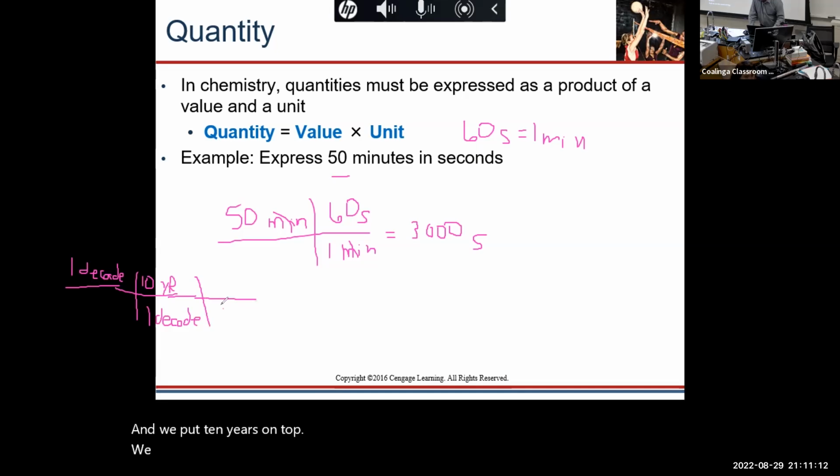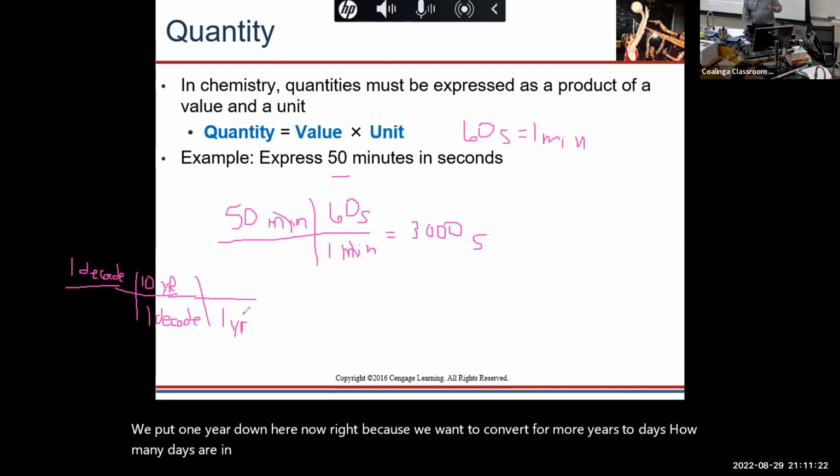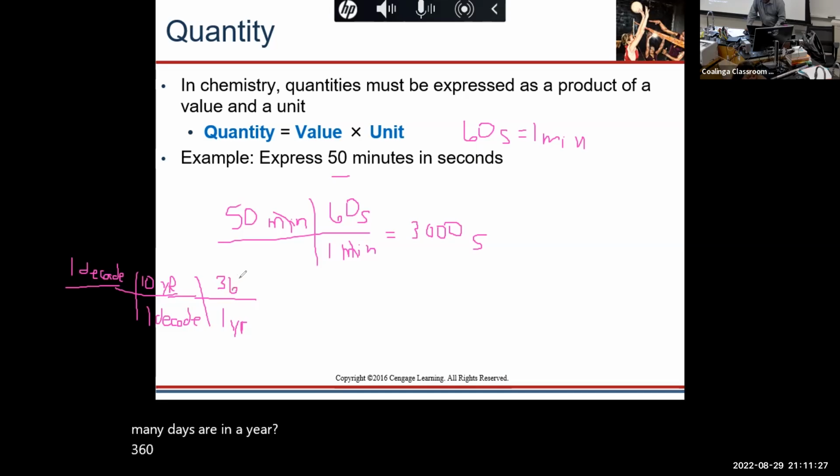We know that we put 1 year down here now, because we want to convert from years to days. How many days are in a year? 365. 366 every 4 years, but don't get too complicated. And 1 day is equal to how many hours?